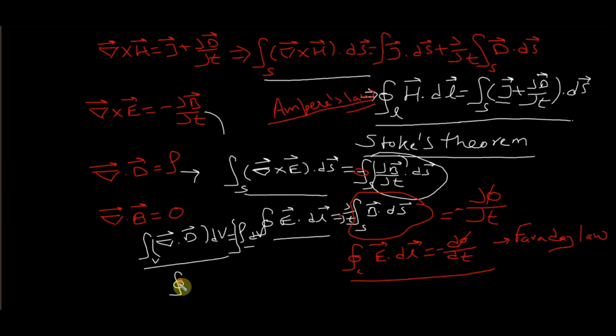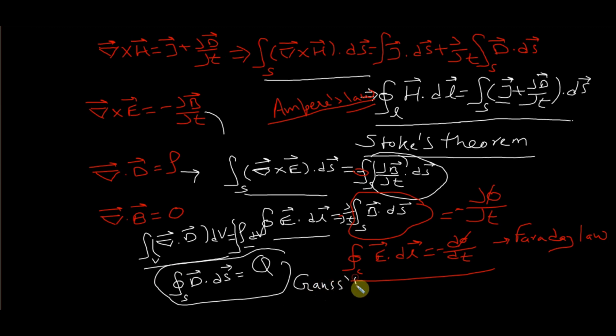By using the divergence theorem, this volume integral is converted into the surface integral, and rho dv will be equal to the total charge enclosed by that surface ds. So this is the Gauss law.